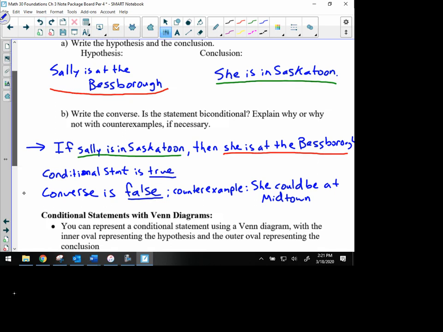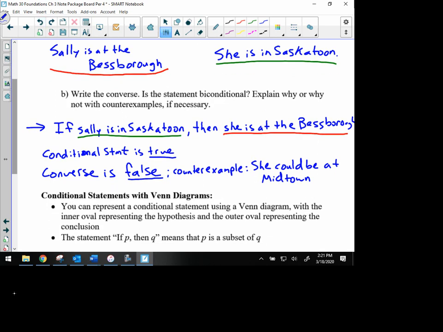The statement is not biconditional. So, dealing with the biconditional statements.